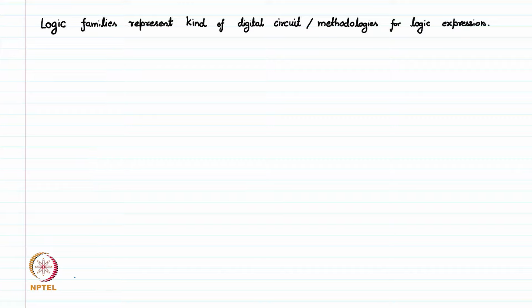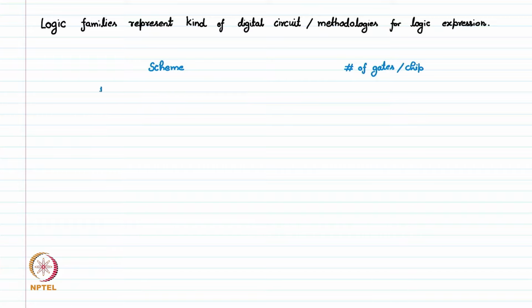First, let us discuss how we can classify these different technologies based on the number of gates we use on a single chip. Let us call it a scheme, and the number of gates per chip. On a single piece of silicon, how many gates we have, based on that we can classify.